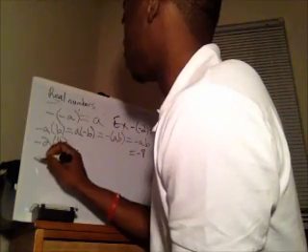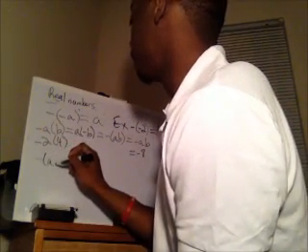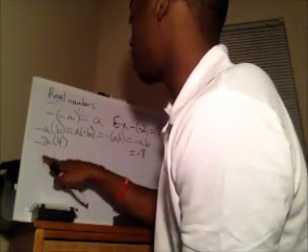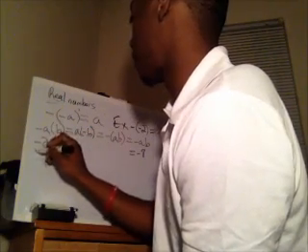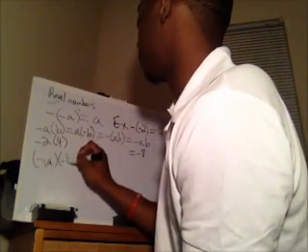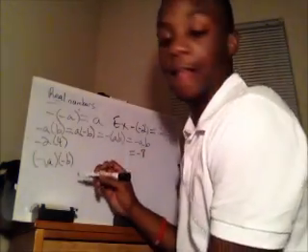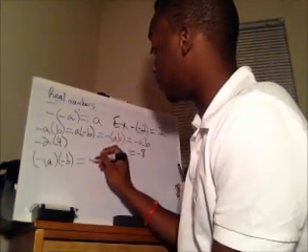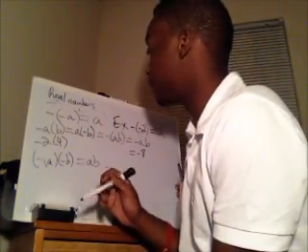It's also important to note that when we multiply two negative values together, -a times -b, we get a positive. We just get AB. Alright?